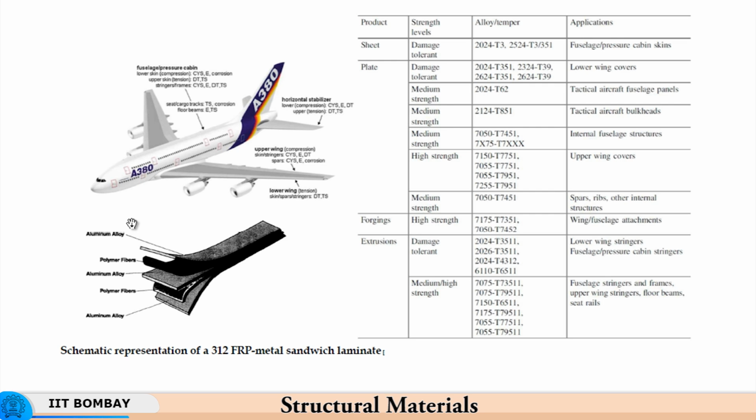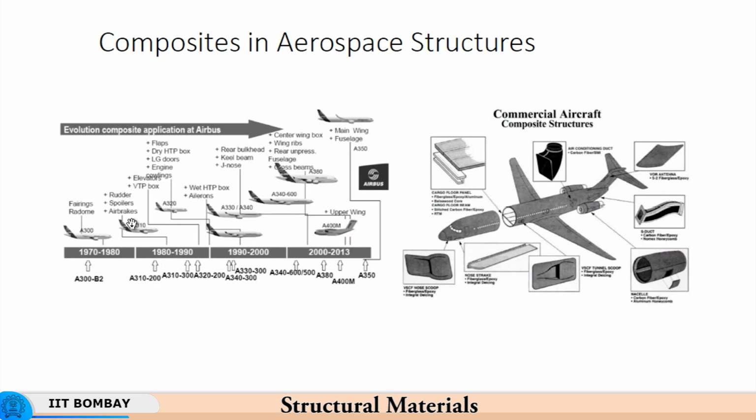So the properties are maintained, but the weight is reduced. So again here are more details about composites being used in aerospace structures, and as you see, the use of composites has been increasing in aircraft structures, the different parts of the aircraft, and the composite structures in a commercial plane are shown over here.